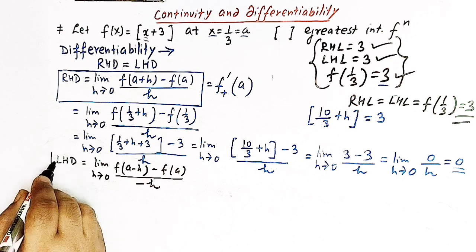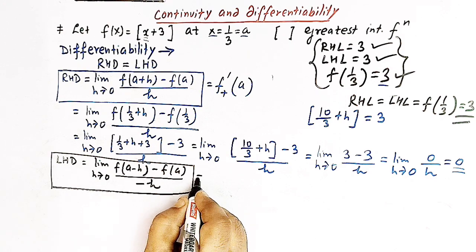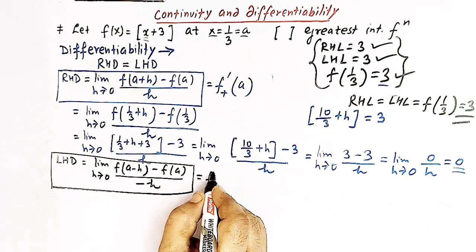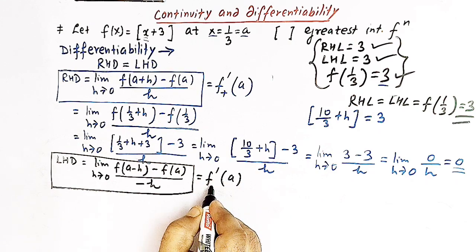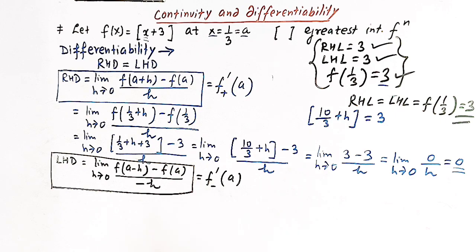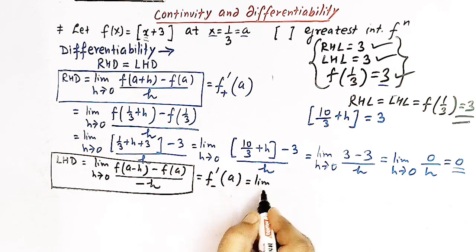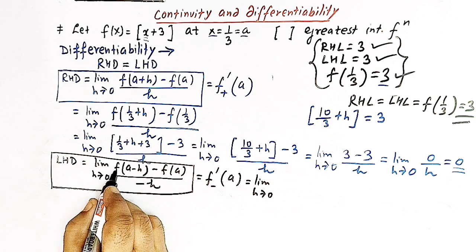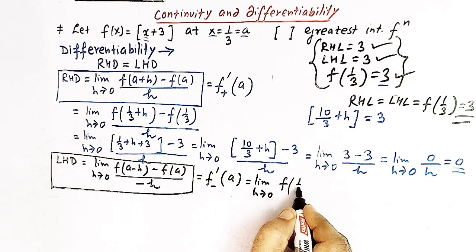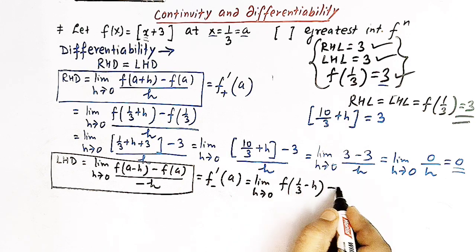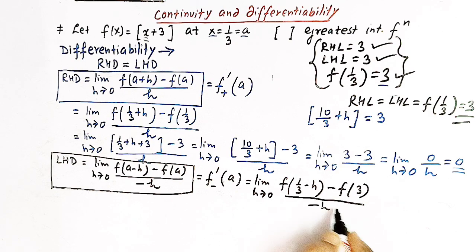So this limit gives us the left hand derivative, and this notation may also be used, that is f prime, here we have a and here we put a negative sign, right? So now we have limit h tends to 0, and f of a minus h is f of 1 over 3 minus h, minus f of 3, divided by minus h.